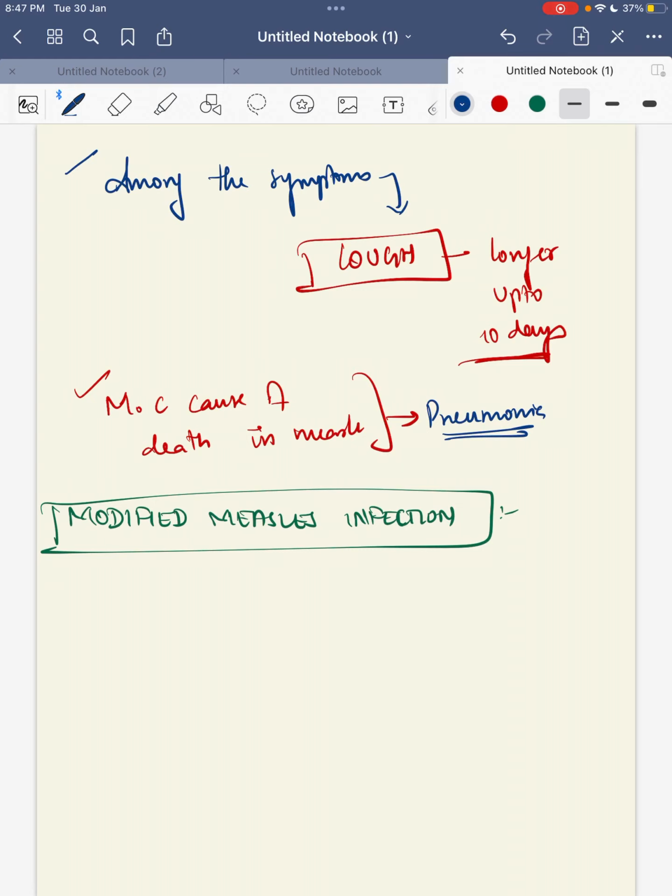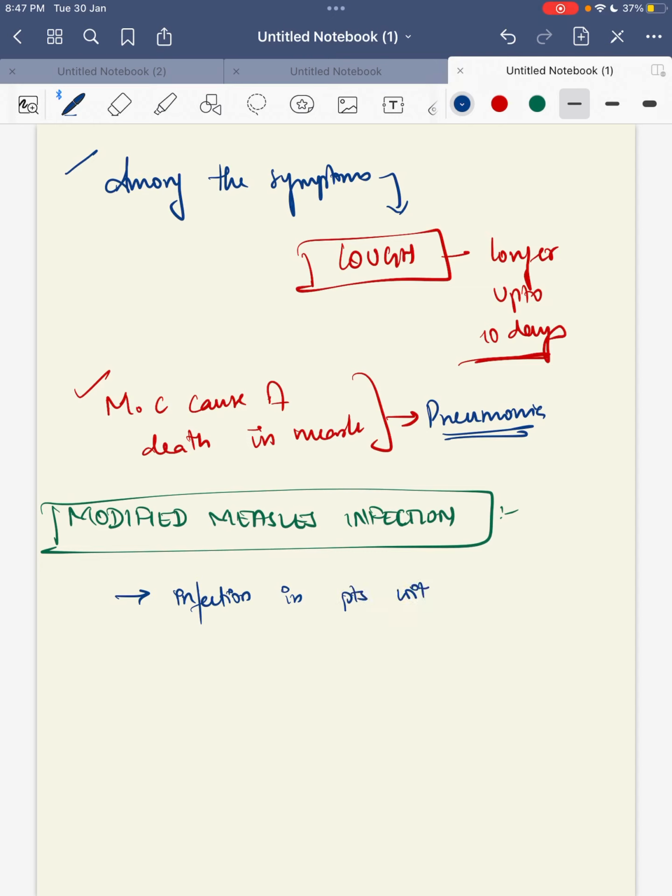It is an infection in patients with a passively acquired antibody. That is, a patient who has received vaccination, that is MMR vaccine, and after that acquires measles infection. They will have this modified measles. Their severity will be reduced and they will not be highly contagious. So that is called modified measles infection.